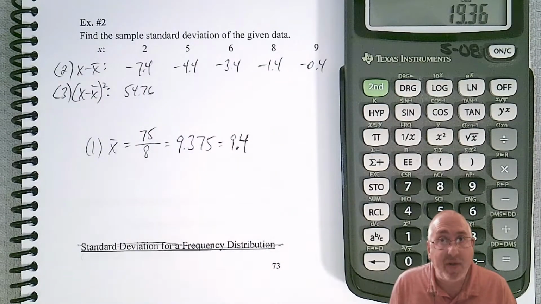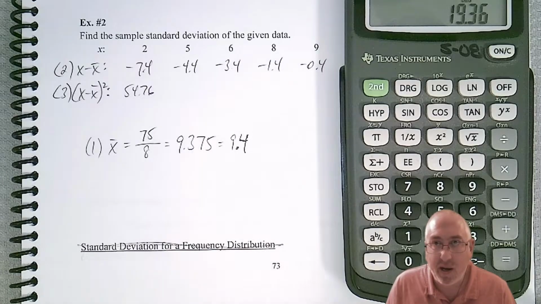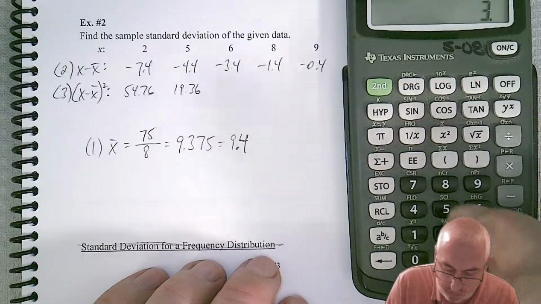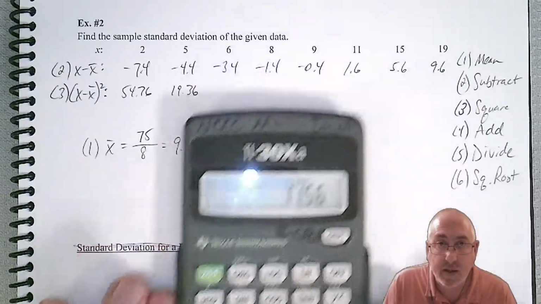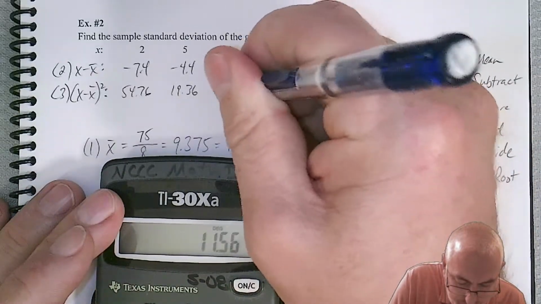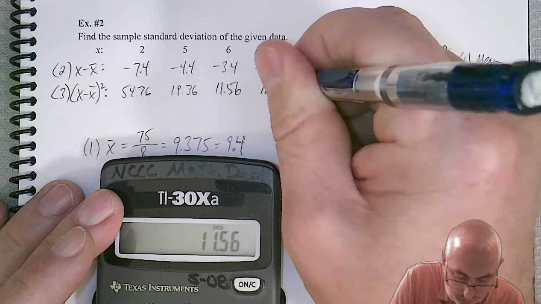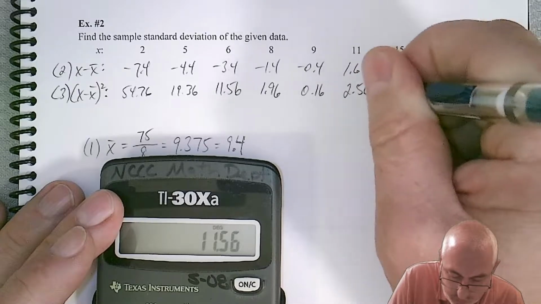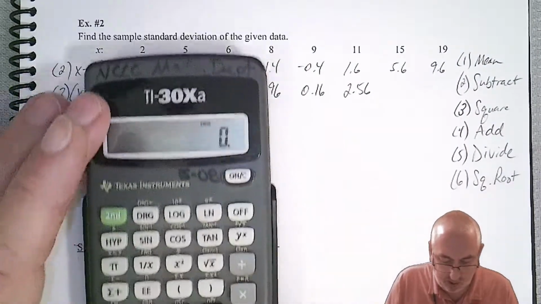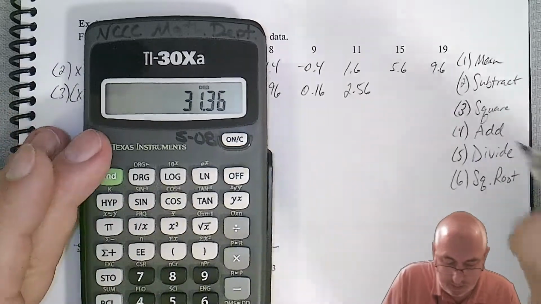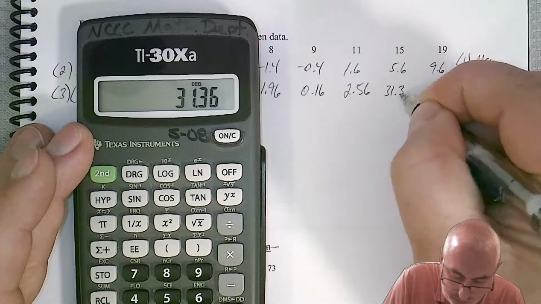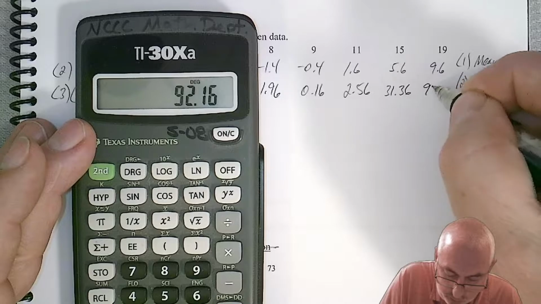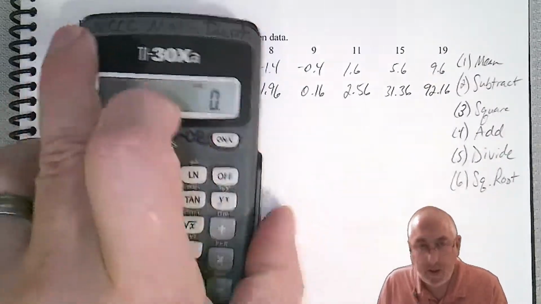You can see I'm not putting the negative in there because I know it should be positive. 3.4 squared is 11.56. 1.4 squared is 1.96. 0.4 squared is 0.16. 1.6 squared is 2.56. Let's make sure I get these last 2 right. 5.6 squared is 31.36, and 9.6 squared is 92.16.